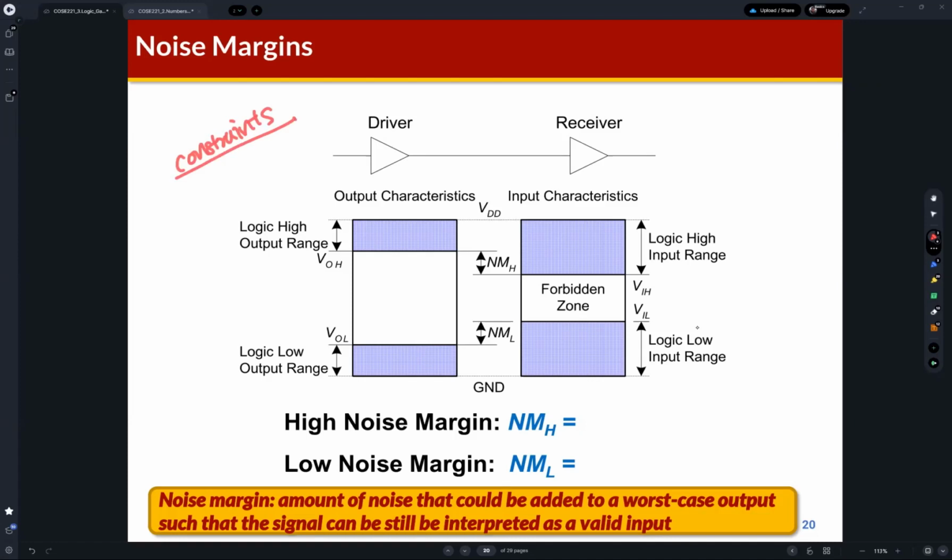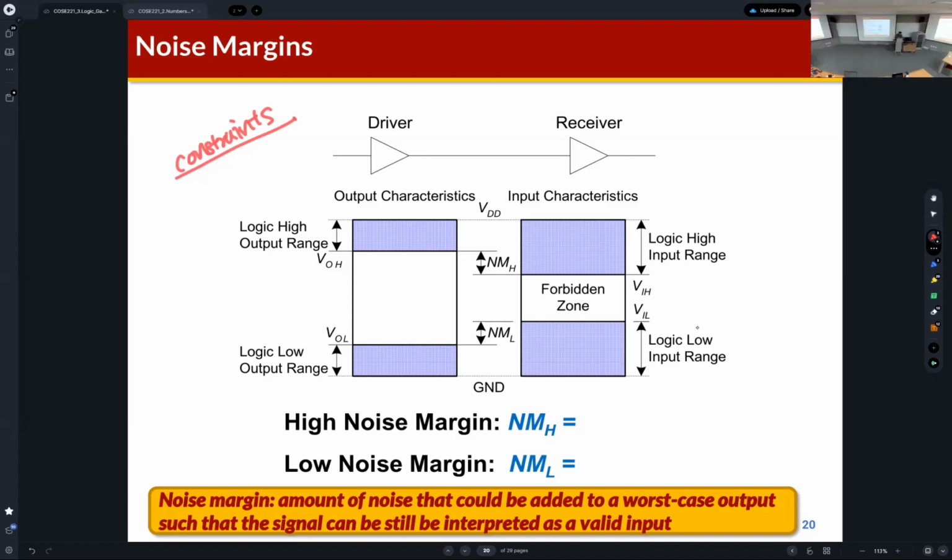Constraint means that when we design a digital circuit, the output value has levels within this range in order to work properly. So let's see what the output constraint and output characteristics are.